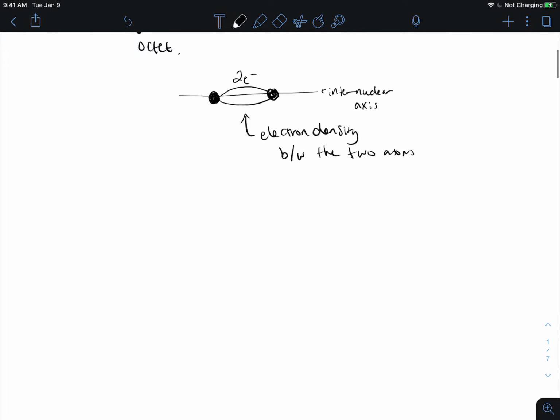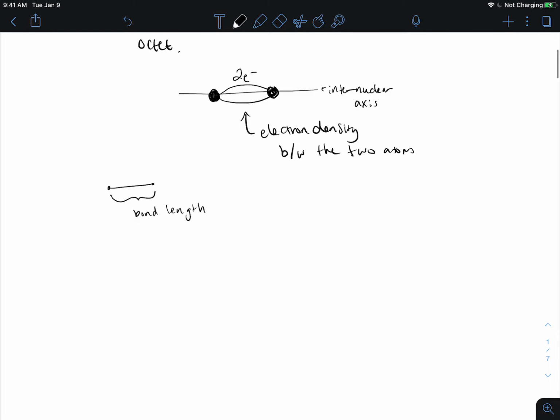The bond length is the length between these 2. And the bond length is going to depend on attractive and repulsive forces within the atoms within the bond.